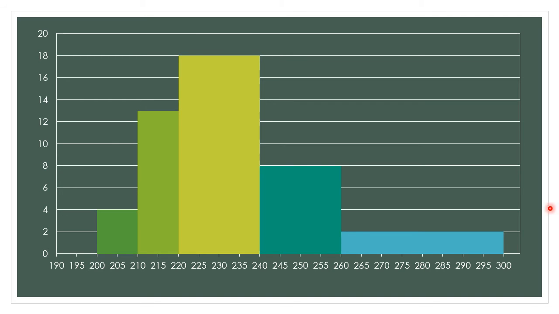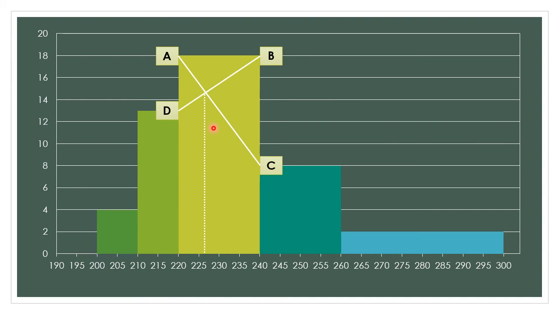Next we have to start with the mode. 4 points: first one, second one, third one, and fourth one I am going to show here. And after the calculation of these points, I will join B with D, A with C, and then draw a vertical line which will depict our answer as 227.